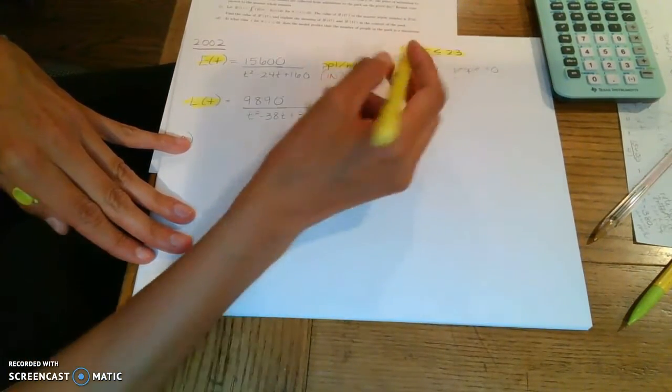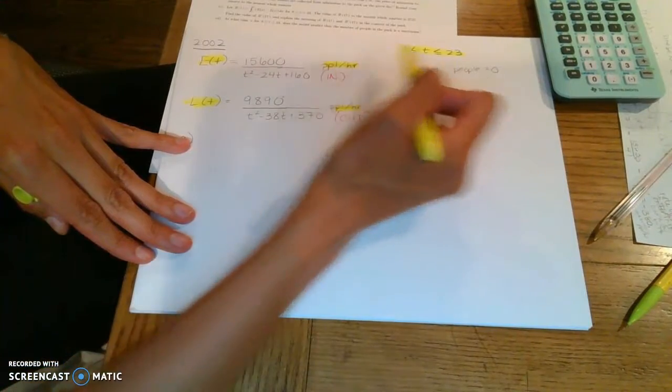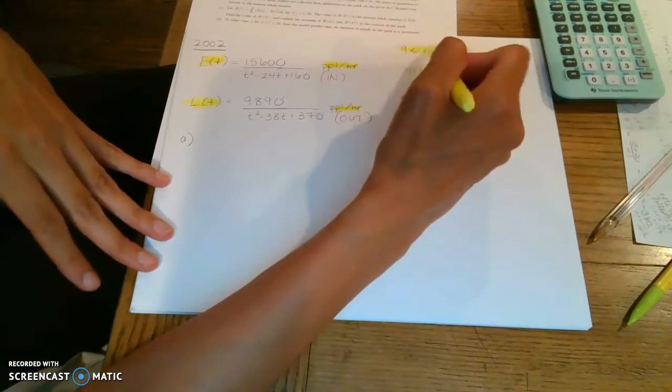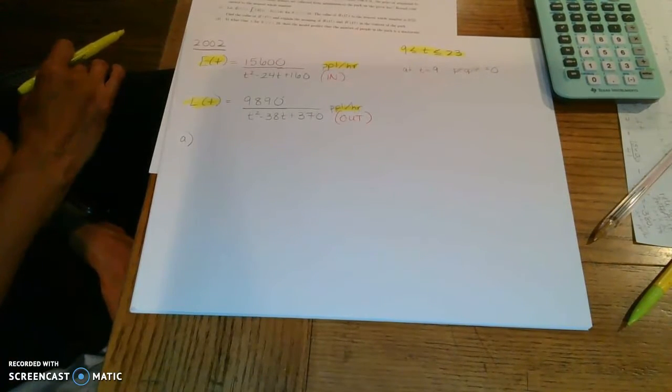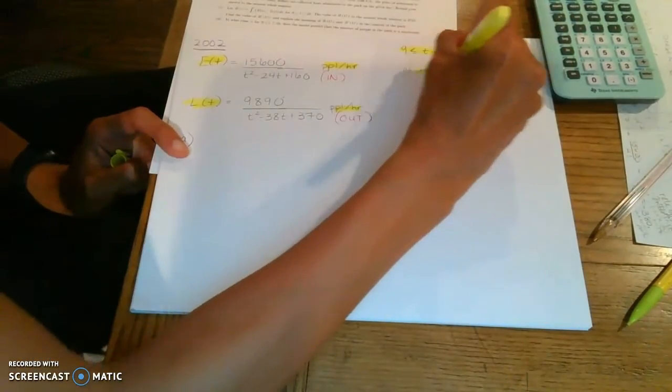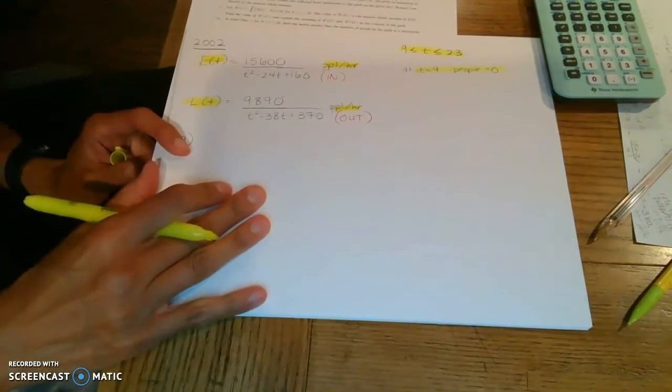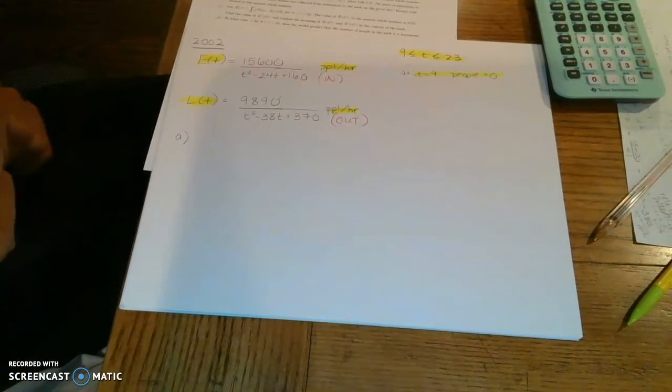We're used to just assuming that it's valid from 0 on to the present, but they're telling me that these equations only work from 9 to 23. And they tell me that when t is equal to 9, there's no people in the park. That's an initial condition, so I wrote that down over here too: when t is equal to 9, there's 0 people.